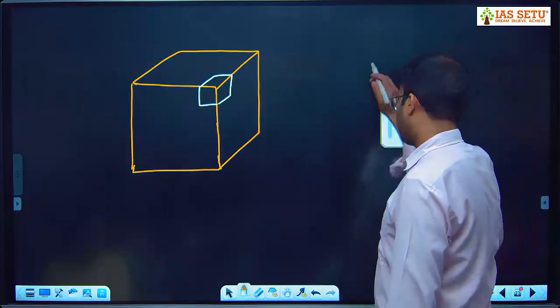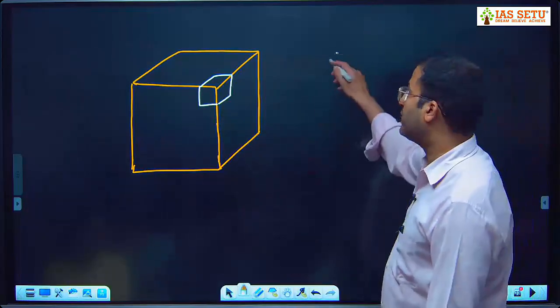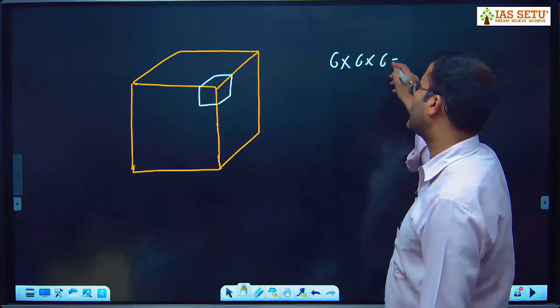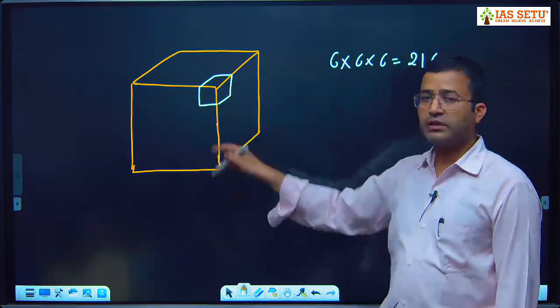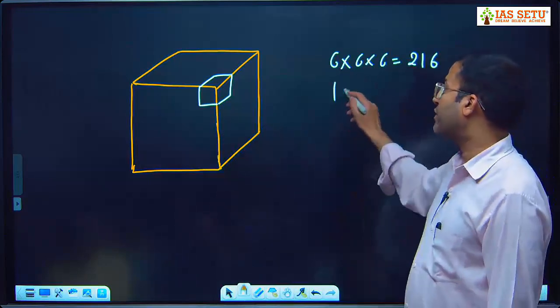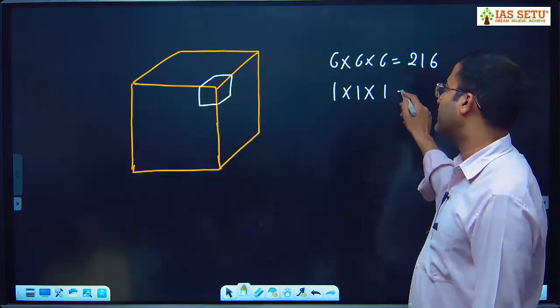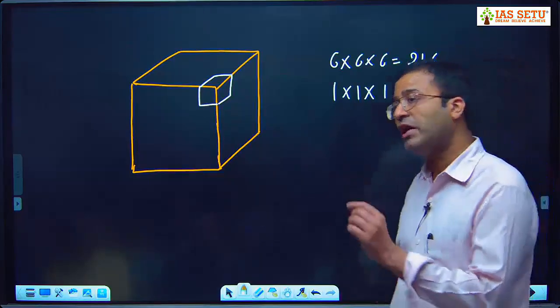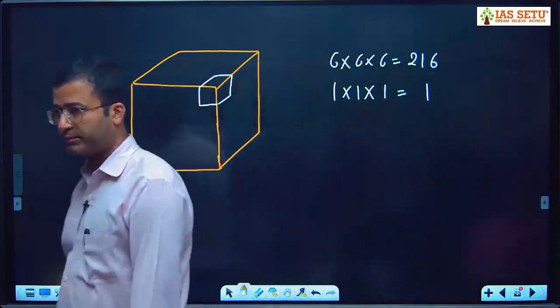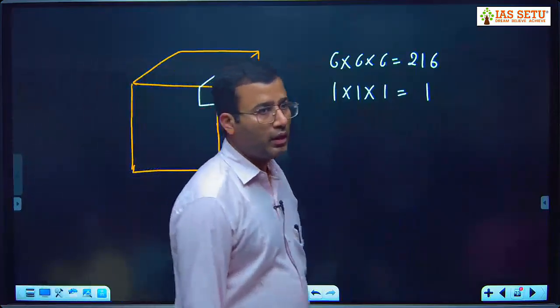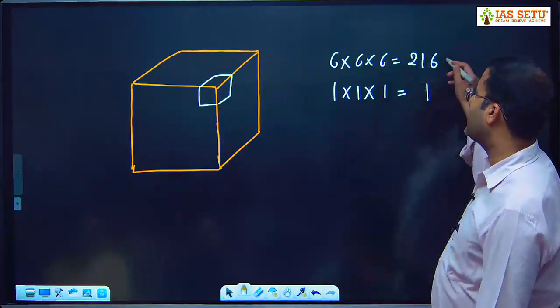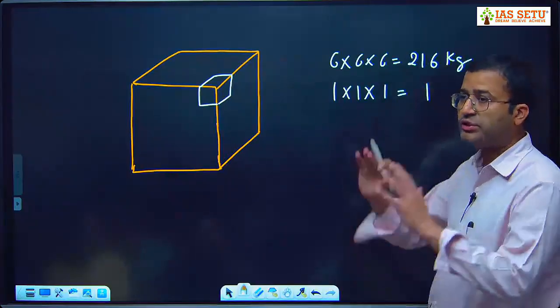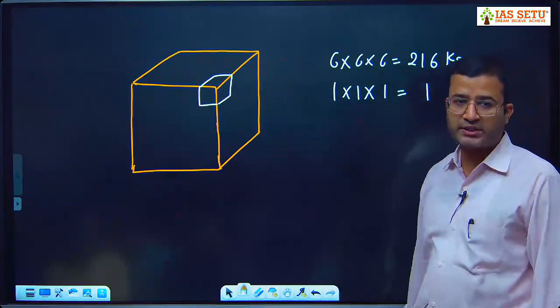Now here, original cube here is 6 into 6 into 6, 216 centimeter cube. Original, yellow one. What we have removed? 1 centimeter by 1 centimeter by 1 centimeter. 1 centimeter cube we have removed. Okay, we assume, let this is 216 kg. Original cube have a weight of 216 kg.